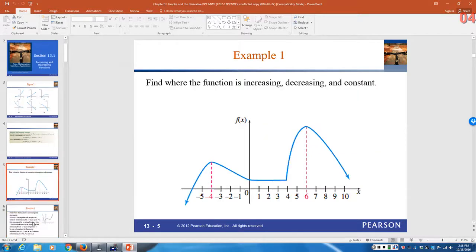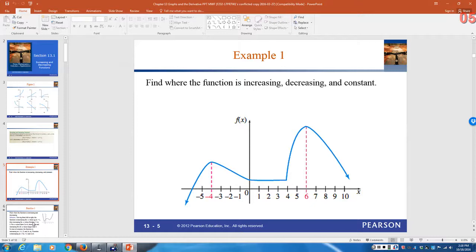So we're going to look now at an example. I want you to examine this function for yourself for a minute. Make your notes. And tell me, where is this function increasing? Where is it decreasing? And where is it constant? Constant means it's neither increasing nor decreasing.